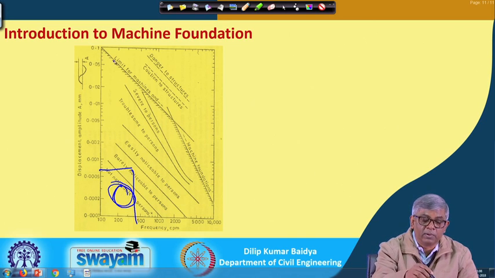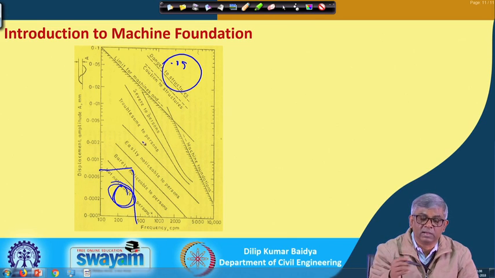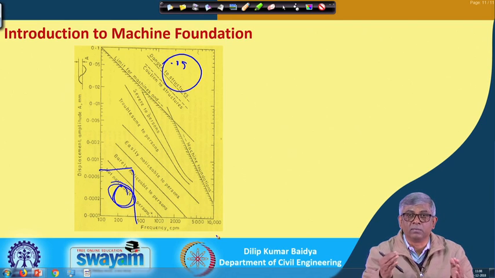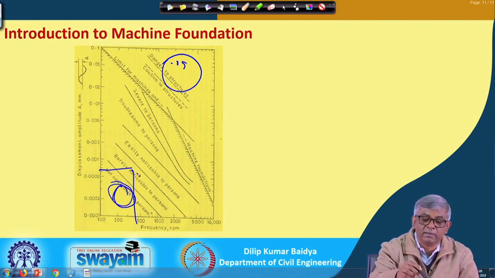Beyond this limit, if the amplitude becomes more than 0.05 and frequency more than 2000, then that is not acceptable. So, this is the limit for where amplitude or frequency can be. This is one guideline given by Richard.